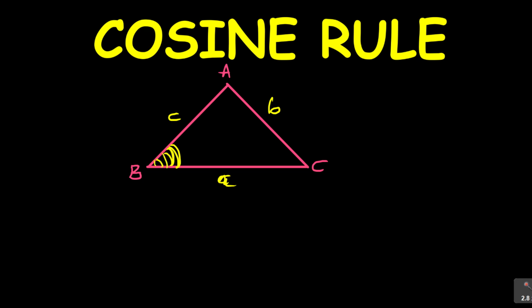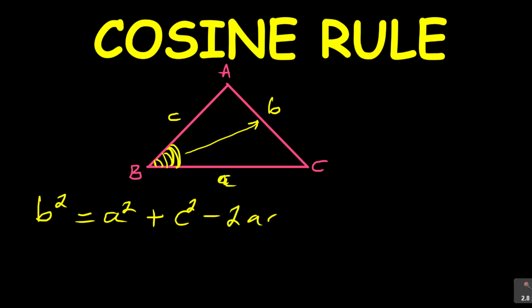The moment I mark that angle, I've got my side b there. So I'll write it as b squared is equal to a squared plus c squared, the sides that are not b, minus 2ac cos of the angle that I marked there as B.